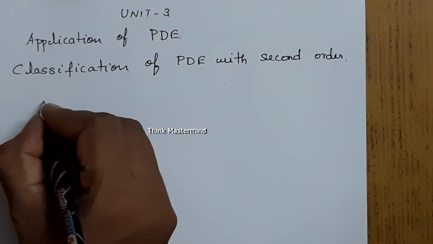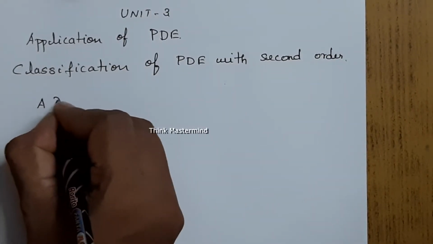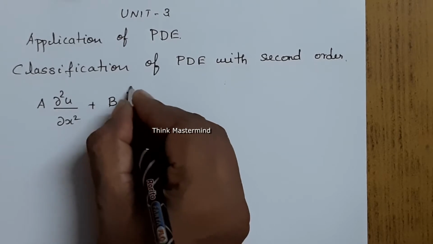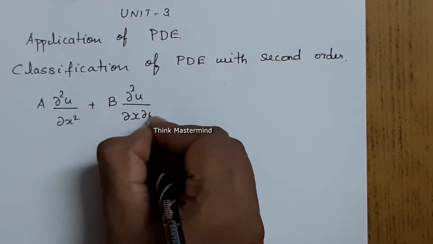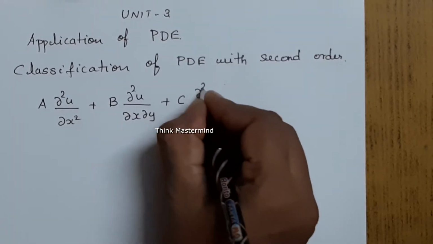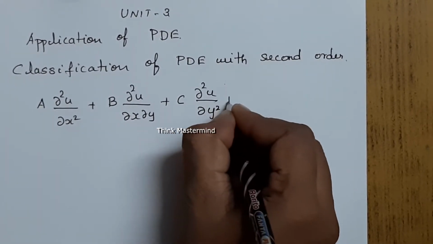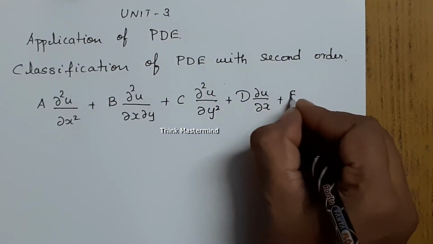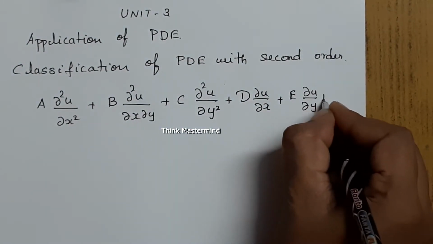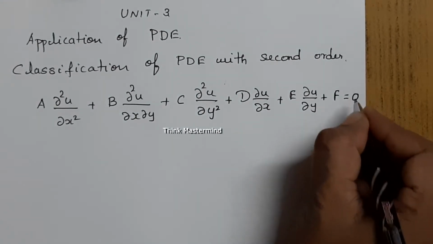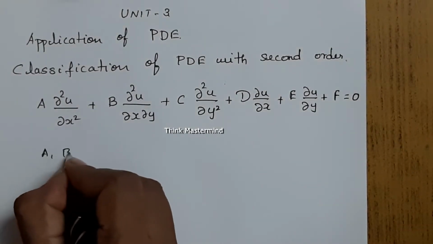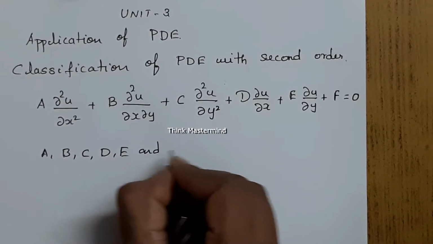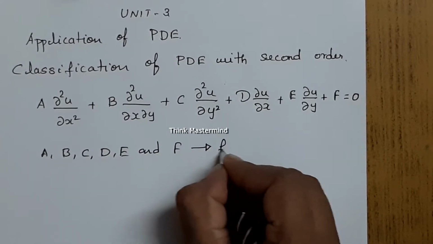That is, considering a partial differential equation of second order, a ∂²u/∂x² + b ∂²u/∂x∂y + c ∂²u/∂y² + d ∂u/∂x + e ∂u/∂y + f = 0, where a, b, c, d, e and f are functions of x and y.